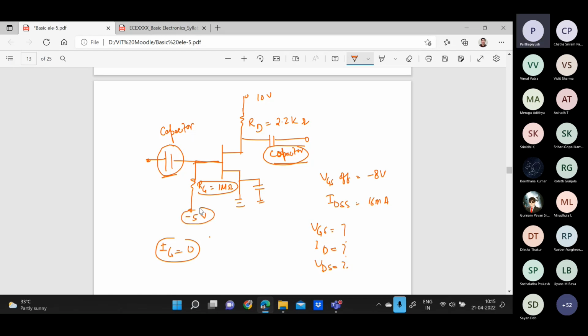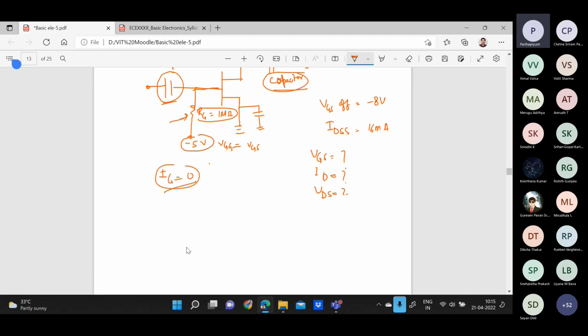This value of VG, which is the gate voltage, will be equal to VGS, because there is no voltage drop here. As there is no current, the value of VGS will be equal to VGG, which is -5 volt. So they have directly given us the VGS value.